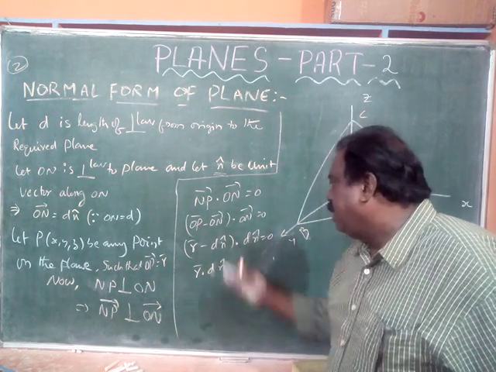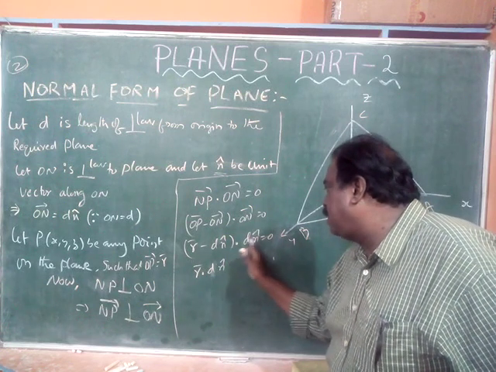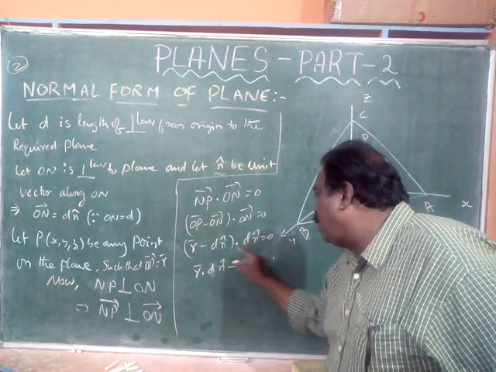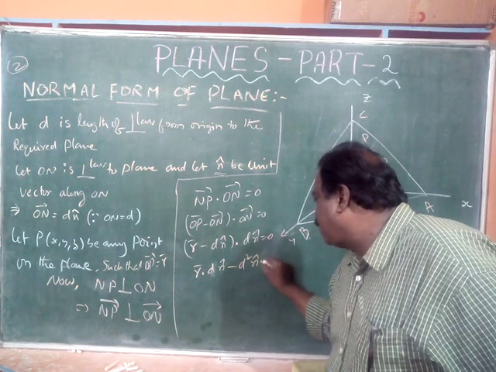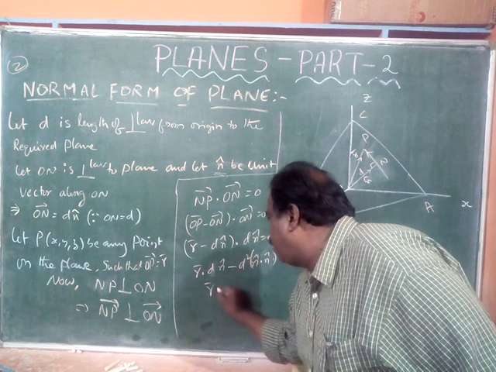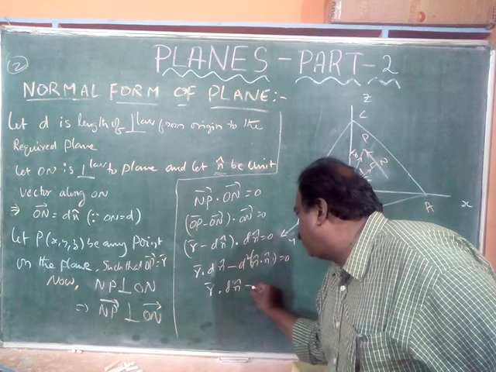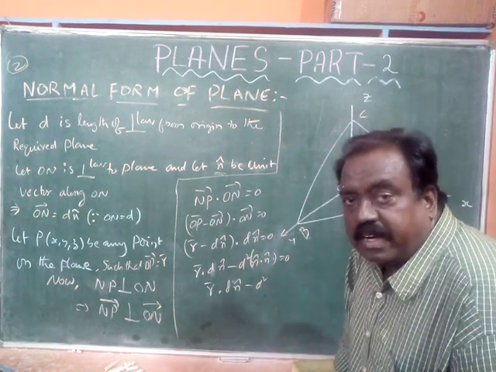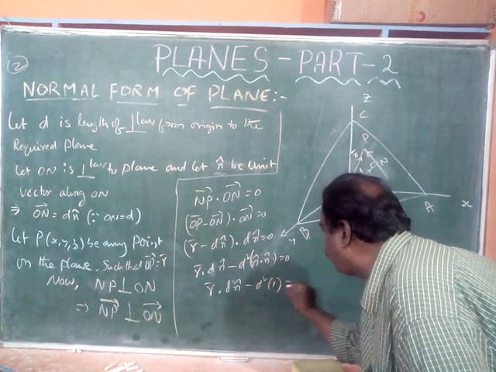The distributive law is followed by the dot product. So R bar dot n cap minus D square n cap dot n cap is equal to 0. The dot product of a unit vector with itself is 1, universal.